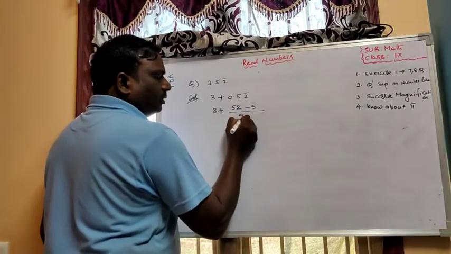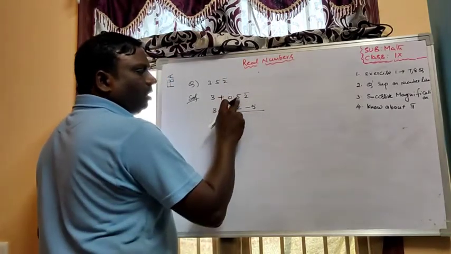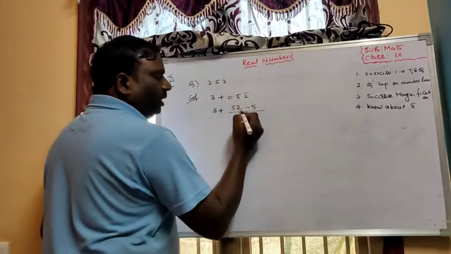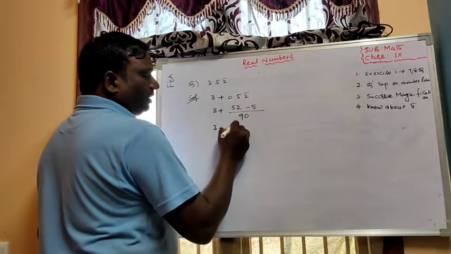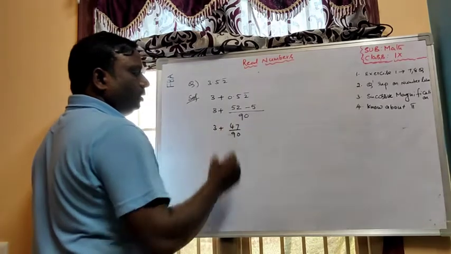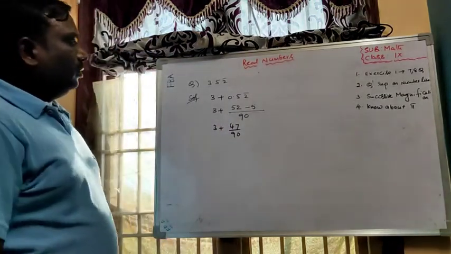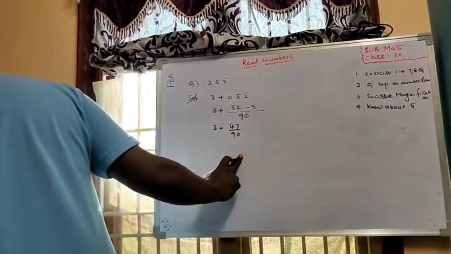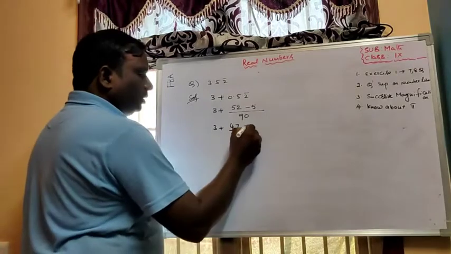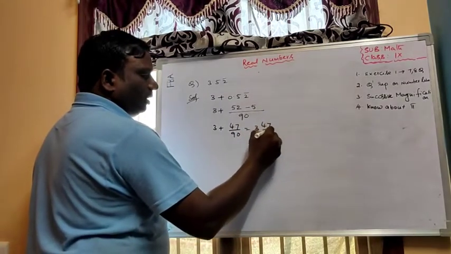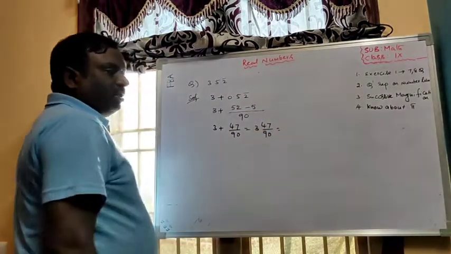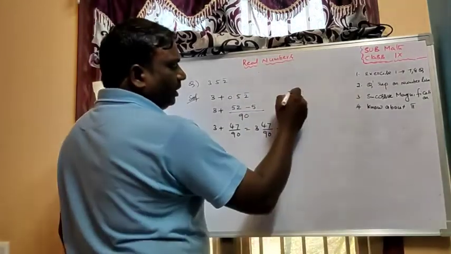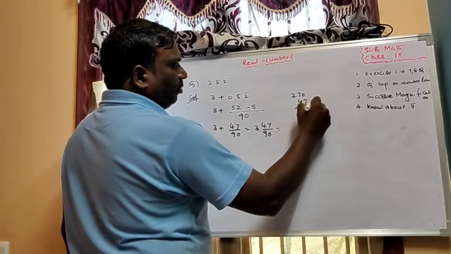Only one digit, that's why 9. Non-repeating digits are only 1, followed by 10. So 3 plus 47 by 90, which means 347 by 90. The mixed fraction changed into an improper fraction: 270 and 47 means 317.